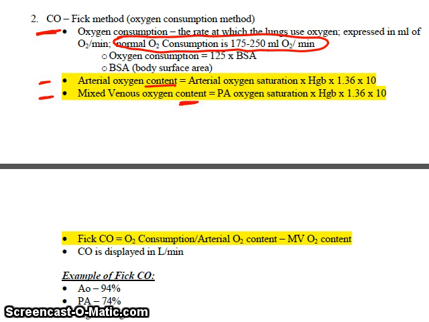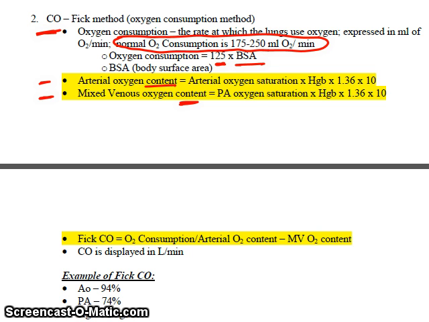But your normal oxygen consumption is 125 milliliters of oxygen per minute times your BSA, which stands for body surface area. So here's the thing.